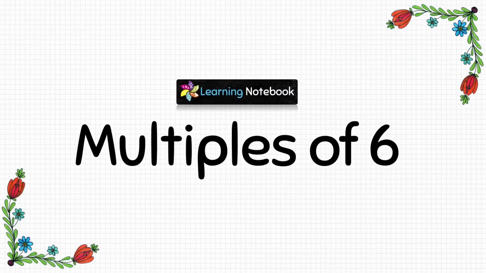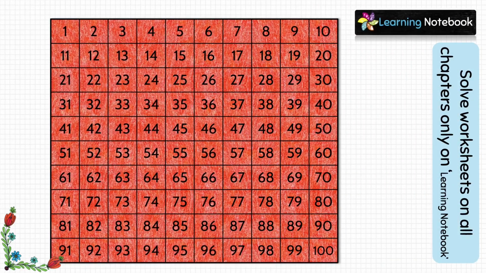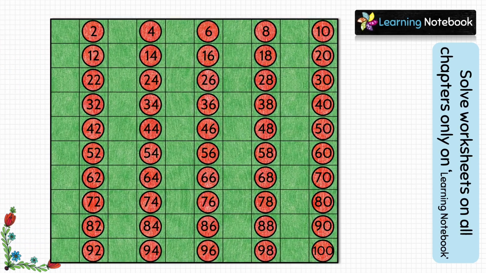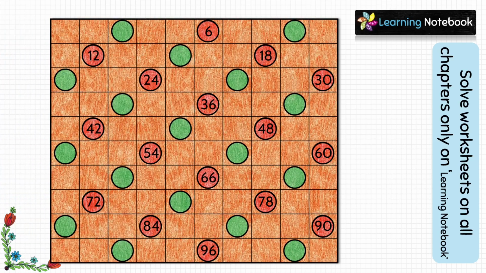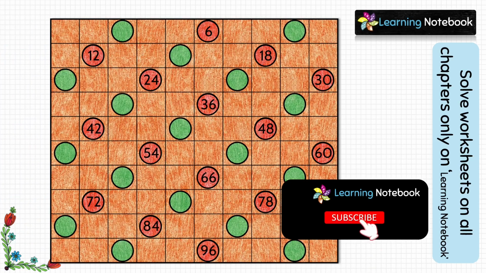Next, we will find multiples of 6. Since 6 is a multiple of 2 and 3, let's first place the green grid over this red numbered sheet to show multiples of 2. Then on this green grid, let's place the orange grid to show multiples of 3.